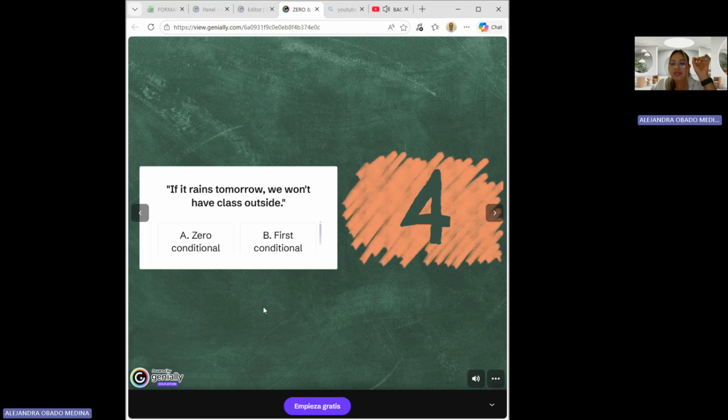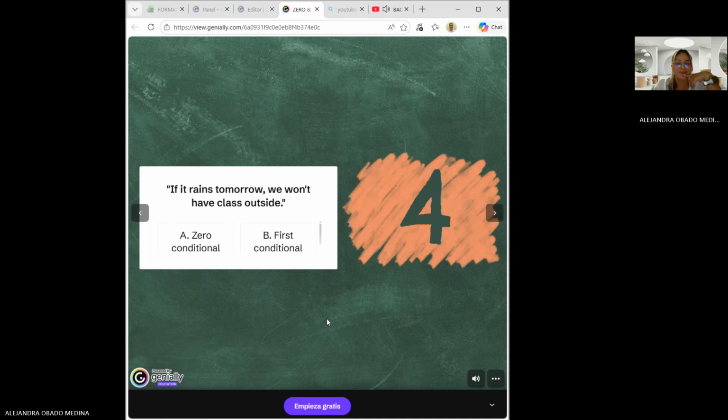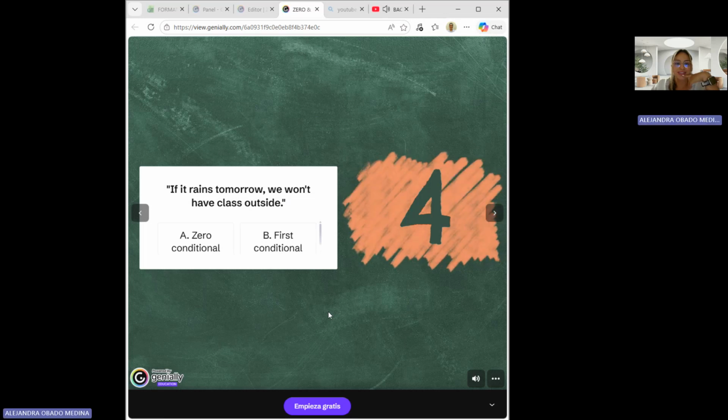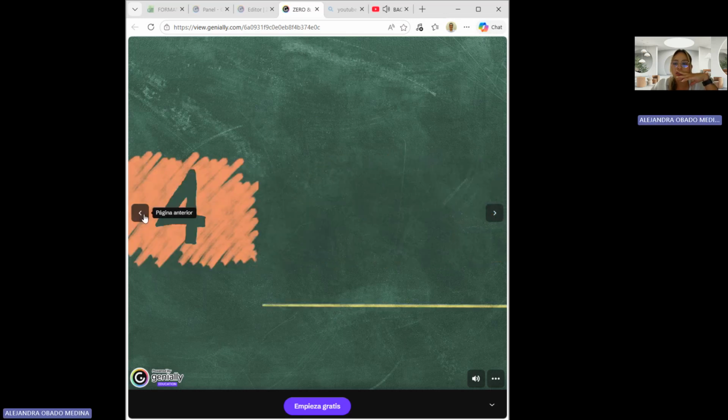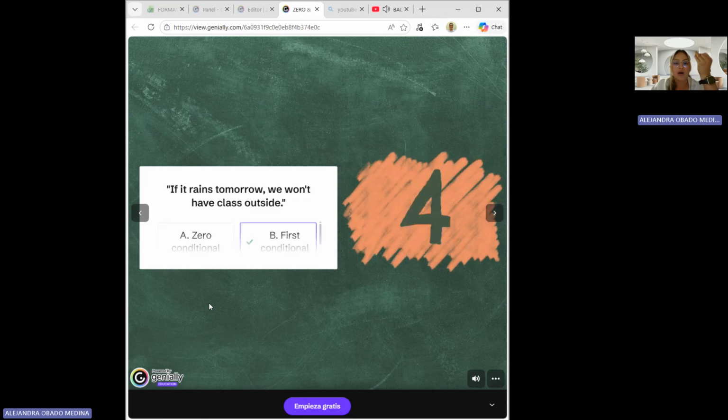If it rains tomorrow, we won't have class outside. What do you think? Good. First conditional, because tomorrow and won't both point to a specific real future situation.